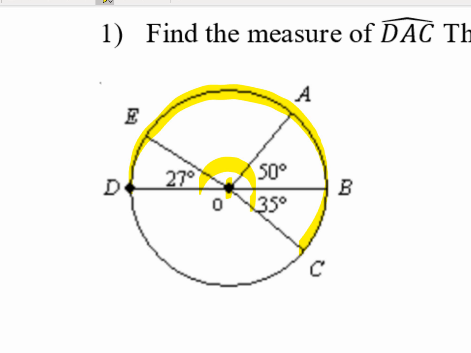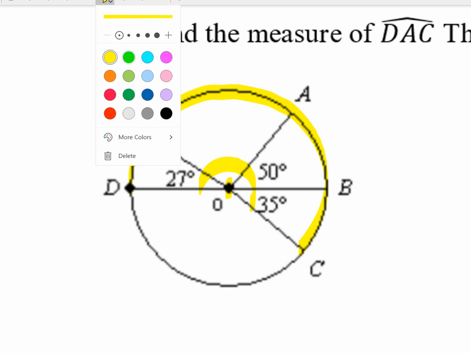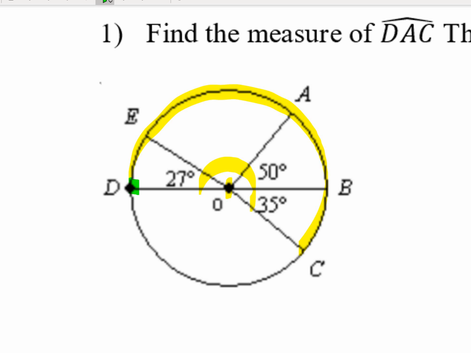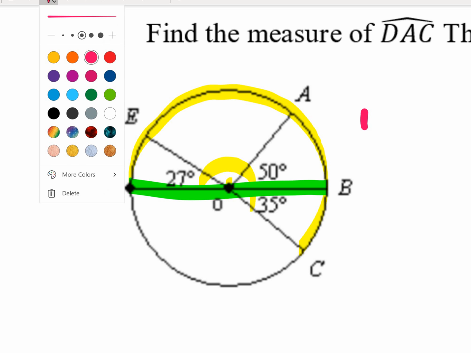So I'm going to notice that this is 180 degrees right here. DB is a diameter, so that's a straight 180. And then for this problem, all I would need to do is add up 180. Let me get that the right size, or at least smaller.